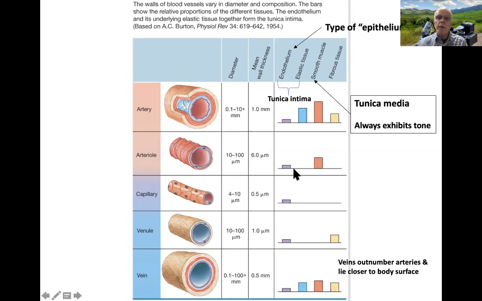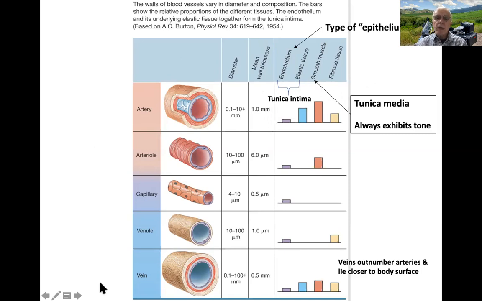So you'll notice here that across the top we've got, of course, diameter, mean wall thickness, but then over here are some histological features that are really important. We've got the endothelium, and the endothelium is nothing more than a single layer of cells, and as indicated here, it's a type of epithelium, above or upon.